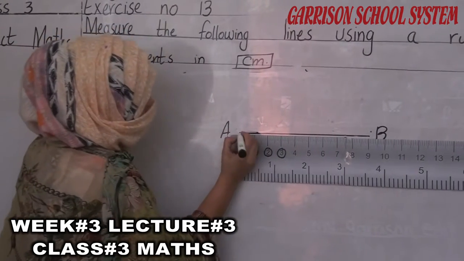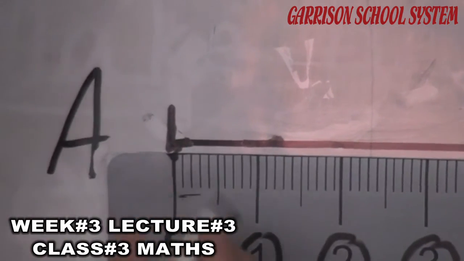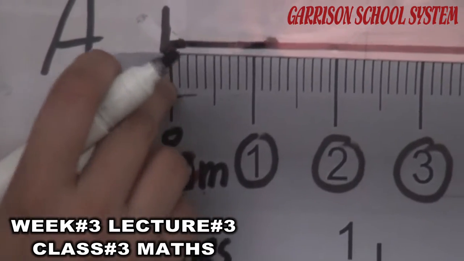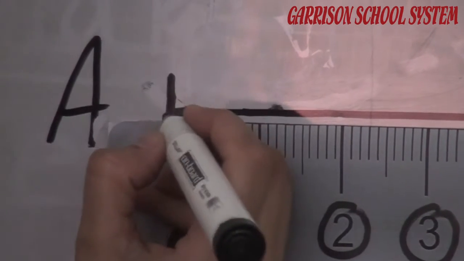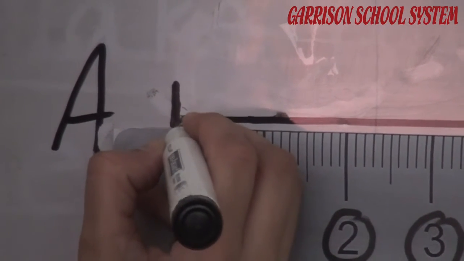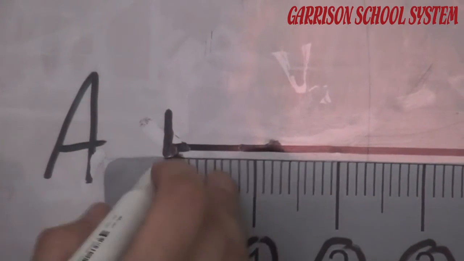Which is the starting point of our line A? That is our starting point. And we also put the starting number at the starting point of our line A. So you can see both are the same, and now we can see the ending point of our line.